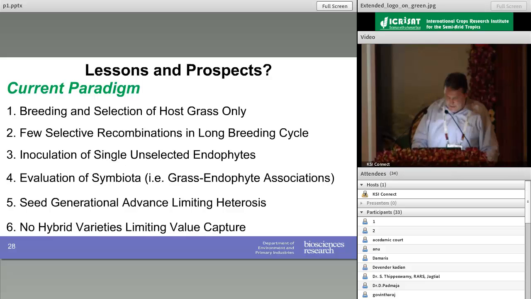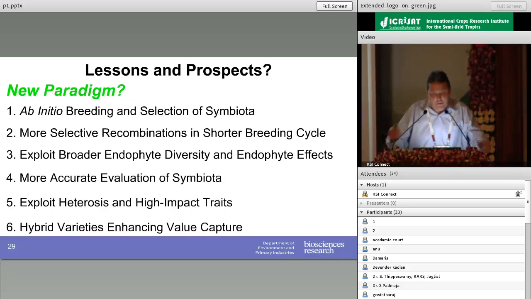thus limiting value capture. So what I'm trying to propose is, in a sense, that we could fundamentally rethink the way that we breed perennial ryegrass.